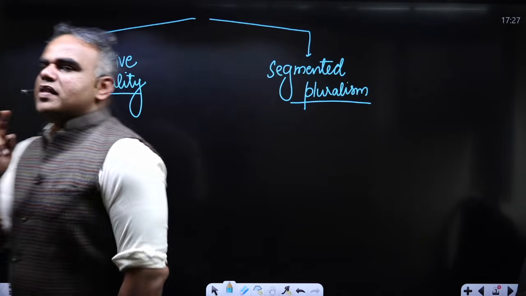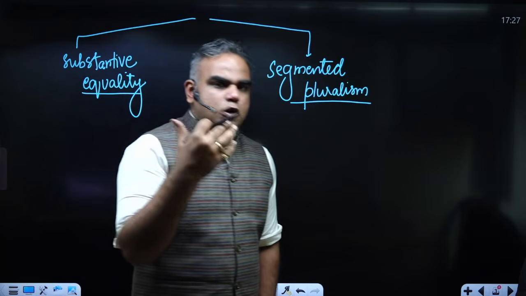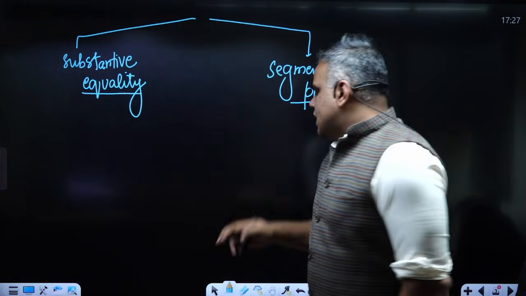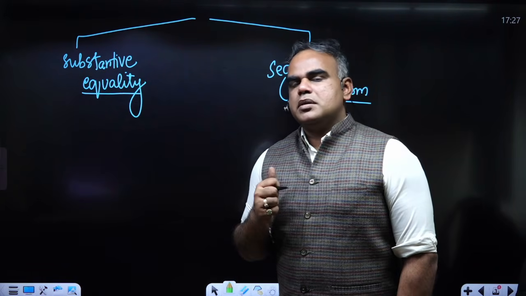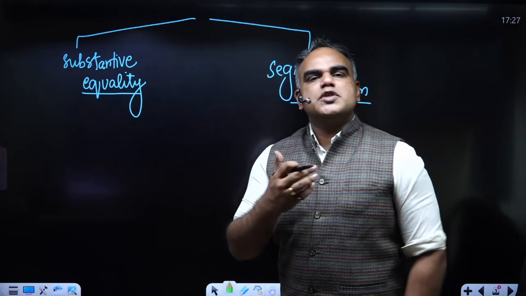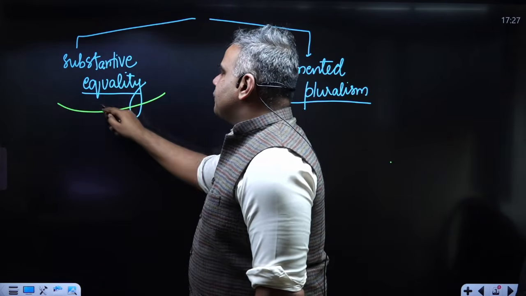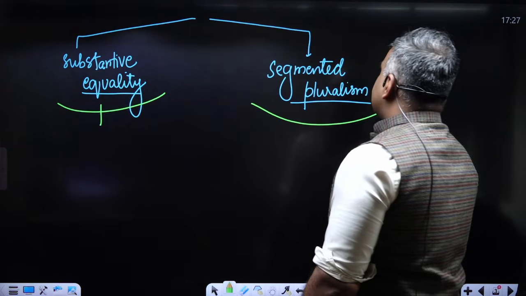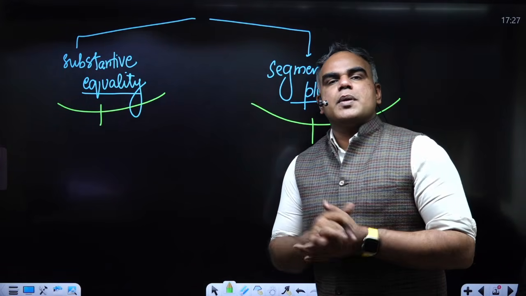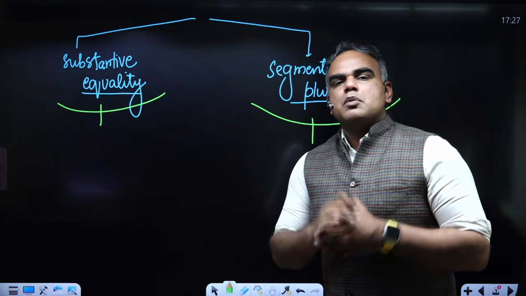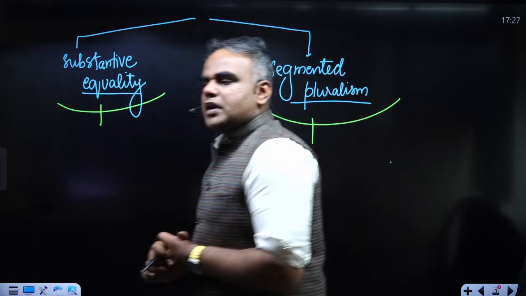Substantive equality is something we've seen through Western political thought as well, that whether the integration of people through the democratic right to vote, which means universal adult franchise, leads to this or to segmented pluralism. There is a segment also being created, and this is something we've understood through terms like politicization of caste and casteization of politics, right?